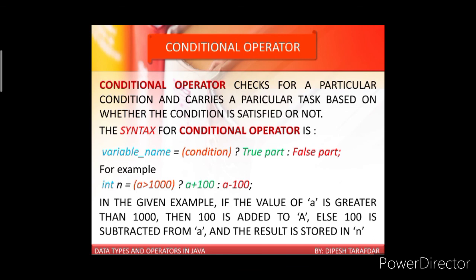And if that condition is not satisfied, that is the value of a is not greater than 1000, then we'll subtract 100 from it. So that is the false part of it. For any given condition, there will be a true part and a false part, and accordingly there will be statements to be executed for the true part and false part, which you can do using this ternary operator.